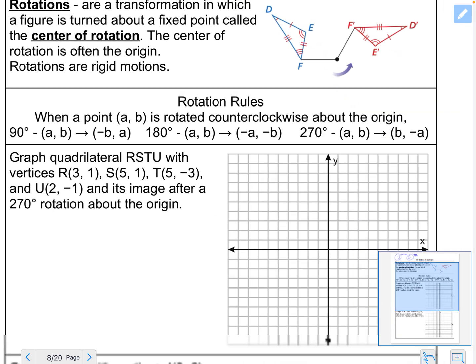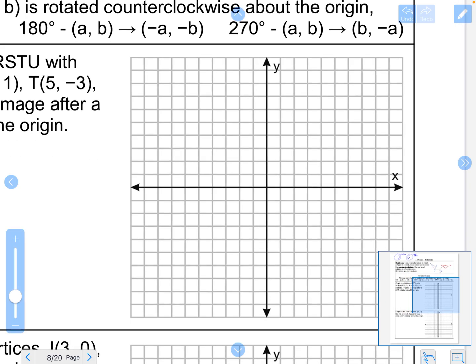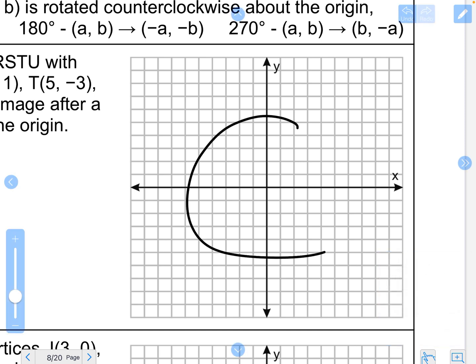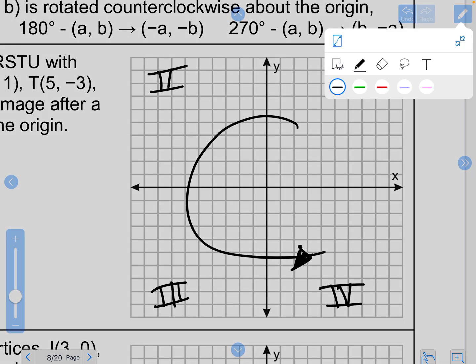Most of the rotations we're going to do are going to be counterclockwise because of the way that we label the graph. So when we label the graph, I like to use our C metaphor because, again, clockwise and counterclockwise. Our quadrants are 1, 2, 3, and 4. And because of this, 90% of the time, we are going to go counterclockwise when we are doing our rotations.